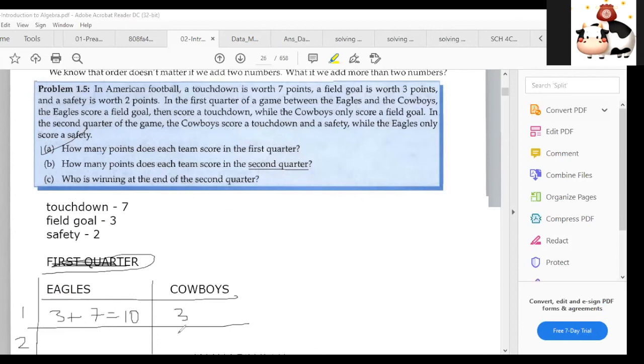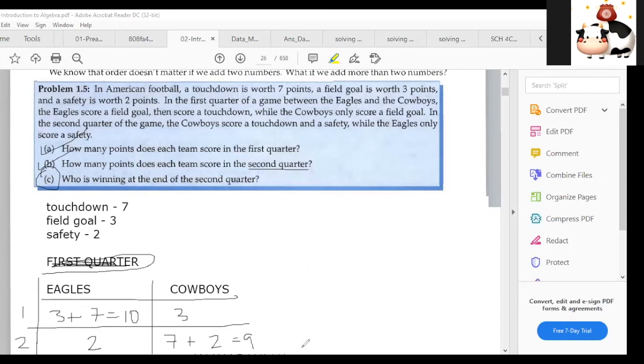A touchdown is 7, and a safety is 2, so that's 9, right? Very good. And the Eagles only score a safety, and the safety is 2, okay? So we figured out B, but now C is asking who's winning at the end of the second quarter.